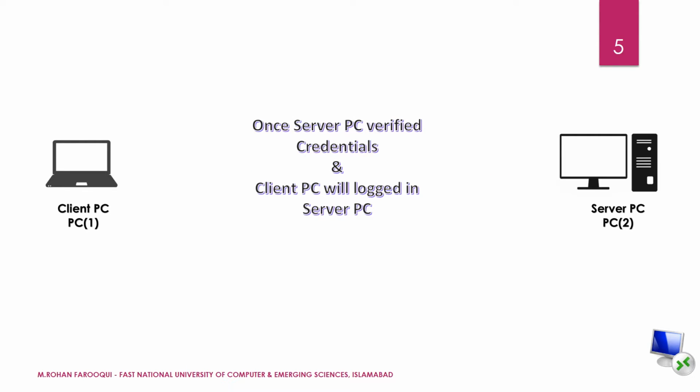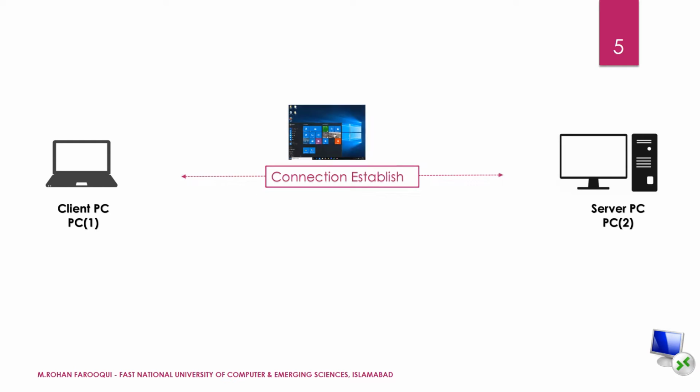Once the credentials are verified, the client PC will log in to the server PC and the connection will be established. So in the end, the GUI window of PC2 will appear on the client PC. Whatever is going on will appear here. So this is how remote desktop works.